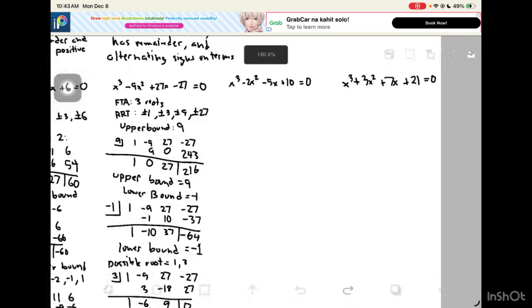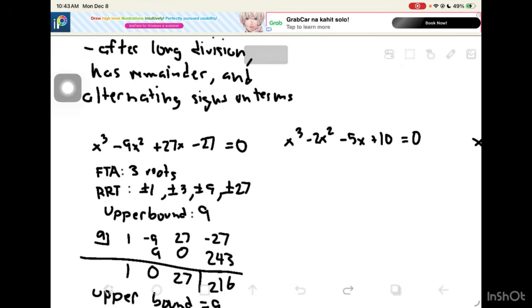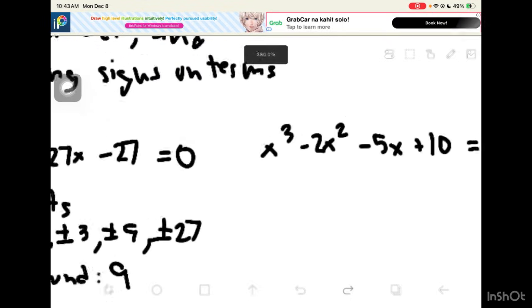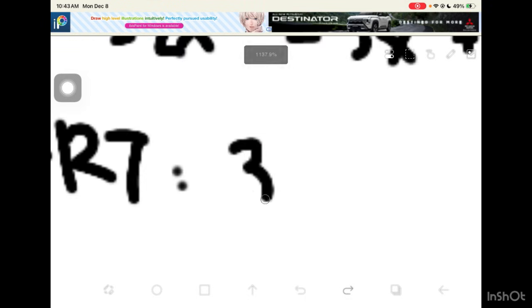Okay, how about this one? Let's try to eliminate some. It's all cubics, by the way, so yeah, my bad about that. Okay, I hope you don't mind, guys. So, FTA, we know there's, again, 3 roots.